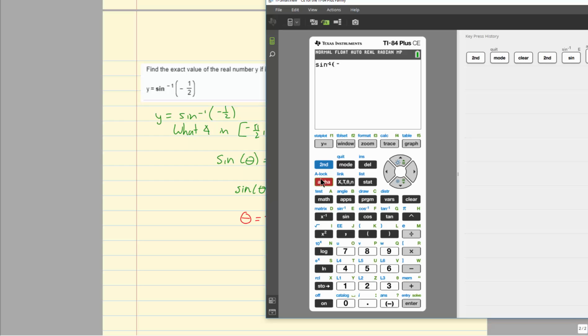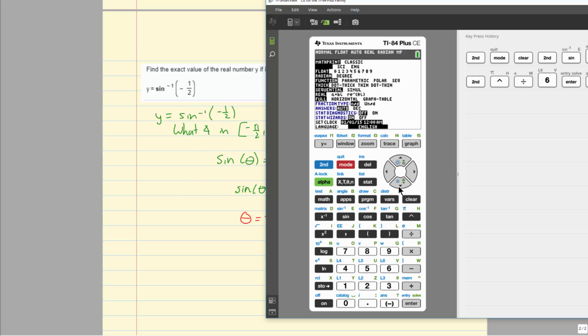Now you can use your fraction key if you want, or you could use a decimal of 0.5, it's up to you. And you can see we get -0.523598. We are in radian mode, so let's see if our -π/6 is a decimal equivalent to that. Yep, it is, so I know I'm right.